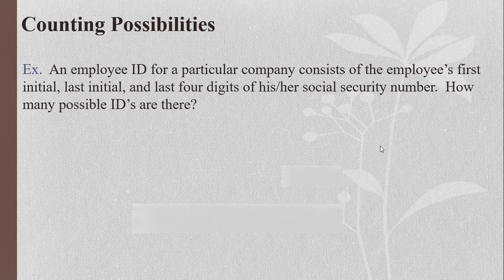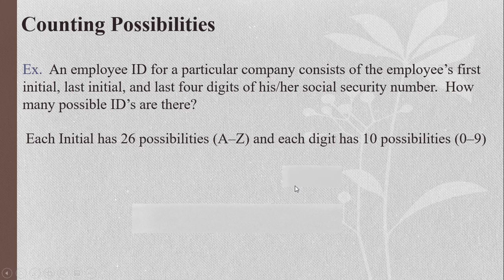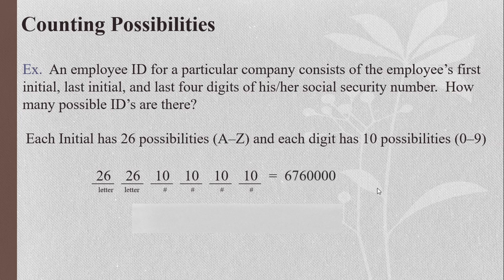All right, counting possibilities. An employee ID for a particular company consists of the employee's first initial, last initial, and the last 4 digits of his or her social security number. How many possible IDs are there? Well, if you think that each initial has 26 possibilities, and each digit has 10 possibilities from 0 to 9, well then, there's 26 possibilities for each letter times 10 possibilities for each digit, gives us a total of over 6 million different possibilities.